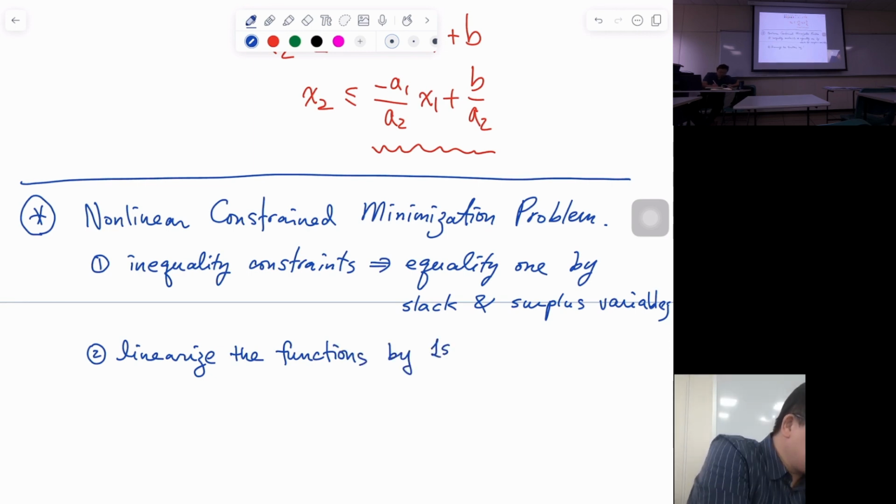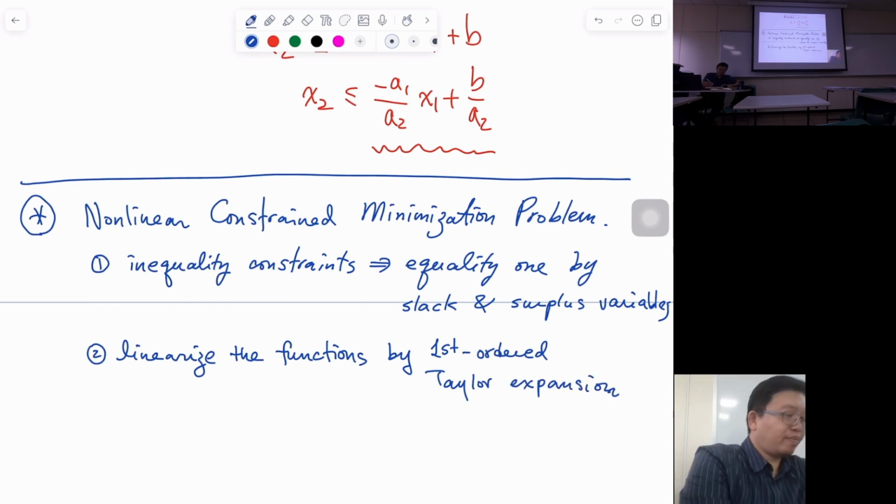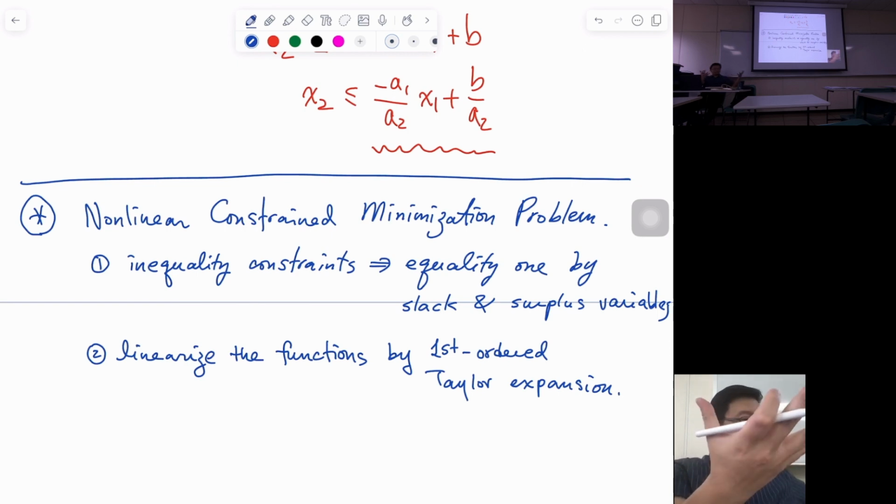First order Taylor expansion. But if you have a nonlinear problem and you linearize it by Taylor expansion, that means the original problem is nonlinear. So how do you handle this issue? Because your linearized functions are just approximations of your original problem.